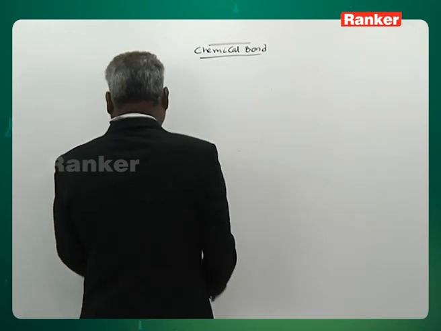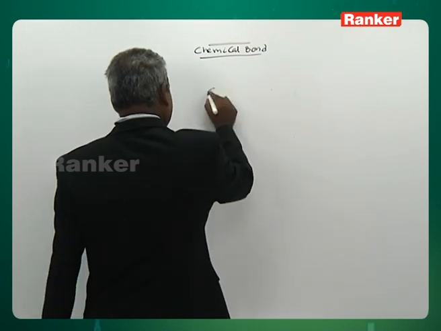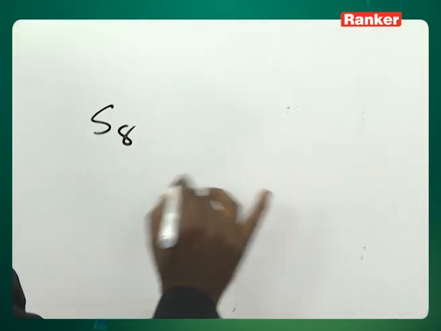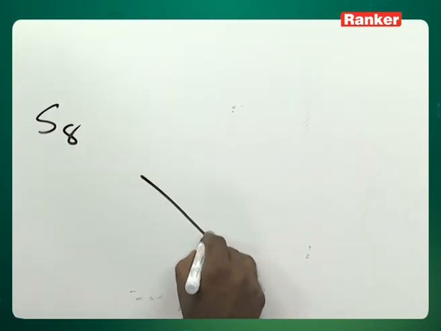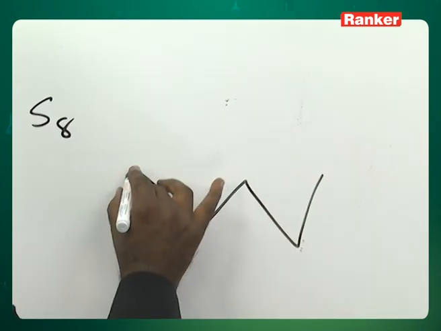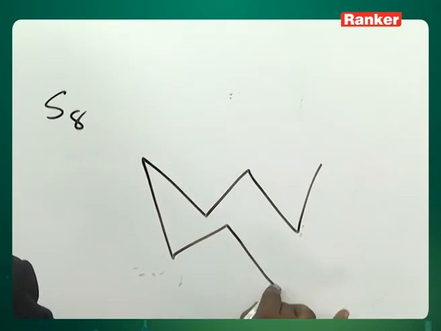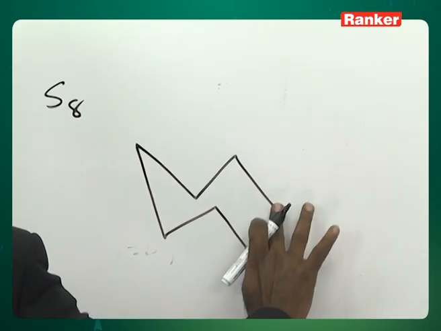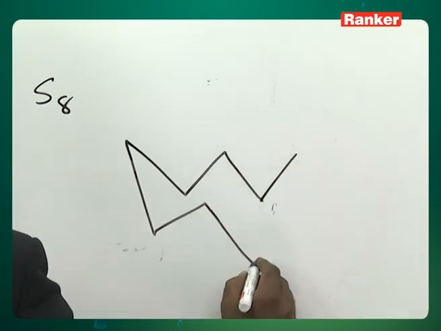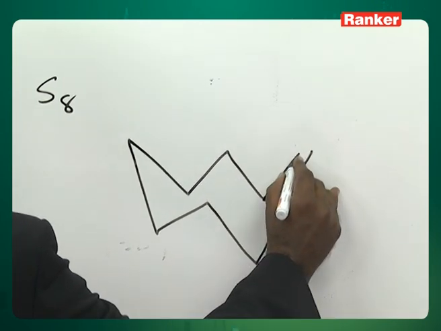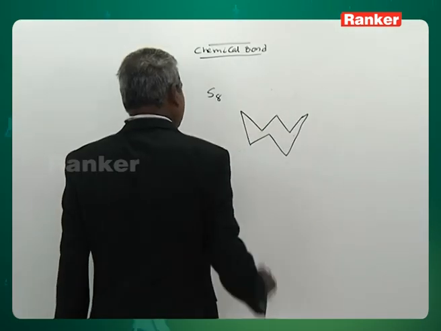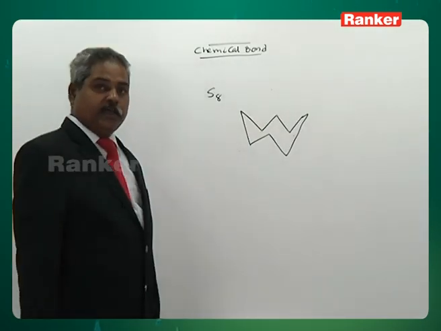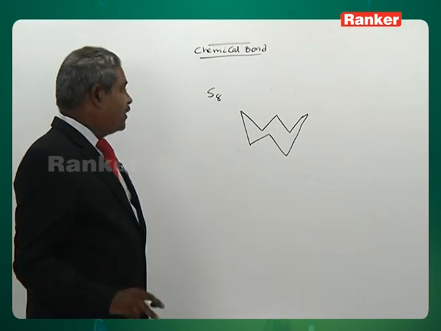S8, 8 sulfur atoms in one molecule. S8, you should write 8 sulfur atoms. And you also know when sulfur forms two bonds, it is left with two lone pairs, so two bond pairs and two lone pairs.